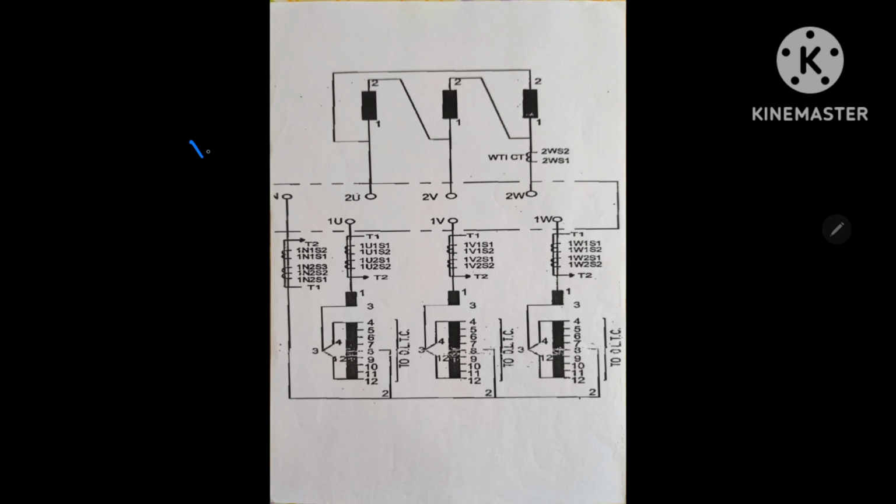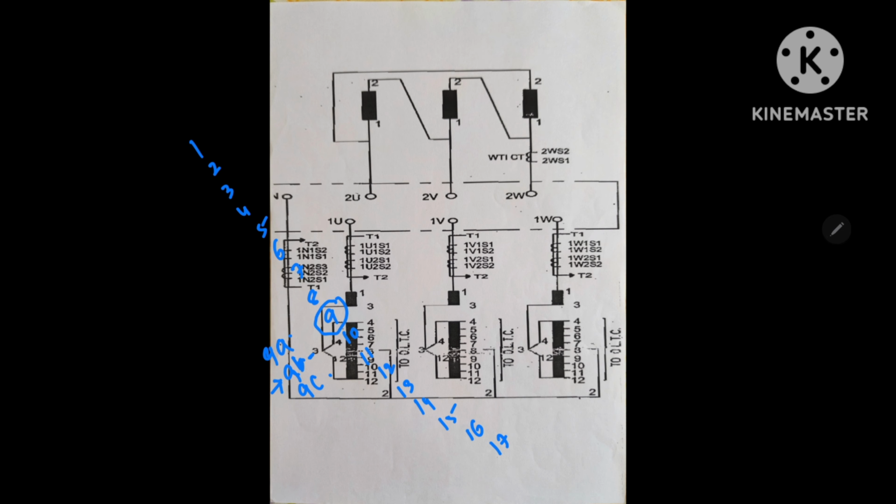So the tapping will be like this: 1, 2, 3, 4, 5, 6, 7, 8, 9, 10, 11, 12, 13, 14, 15, 16 and 17. So this is the nominal tap. Actually it will be 9A, 9B and 9C. When we are doing that motorized operation, the tap will not stop in the 9A or 9C.